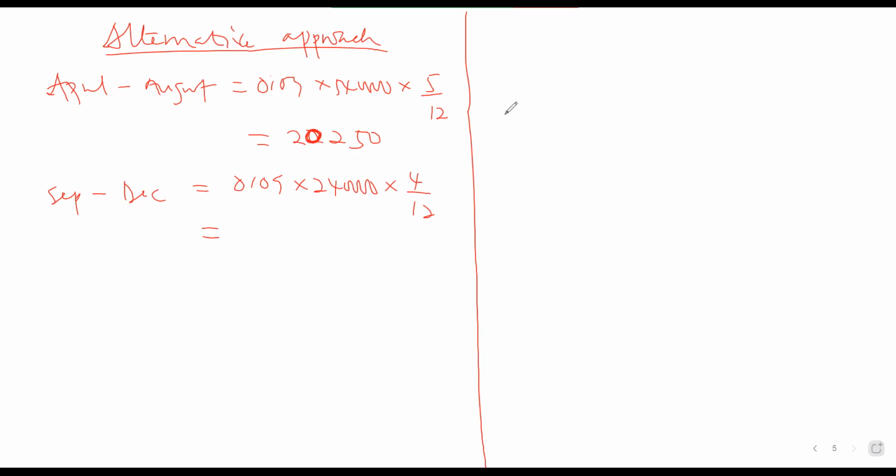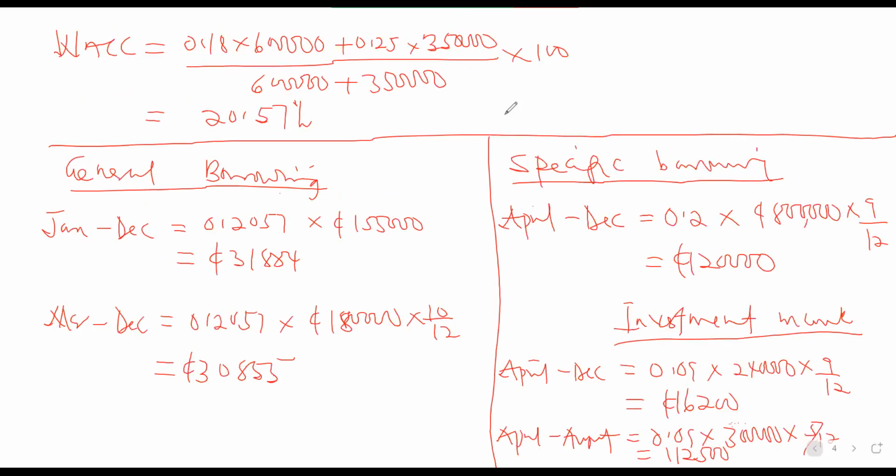$7,200. So add the two, let's see. $27,450. So add this one too. 16,200 and 11,000, 250 is the same thing.